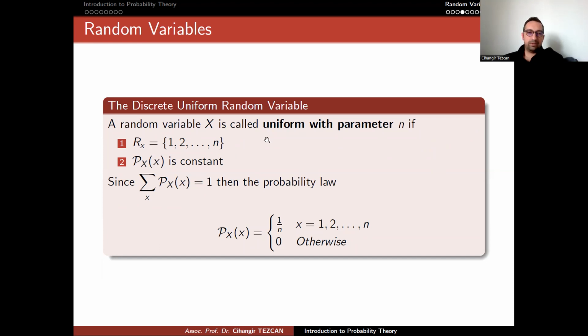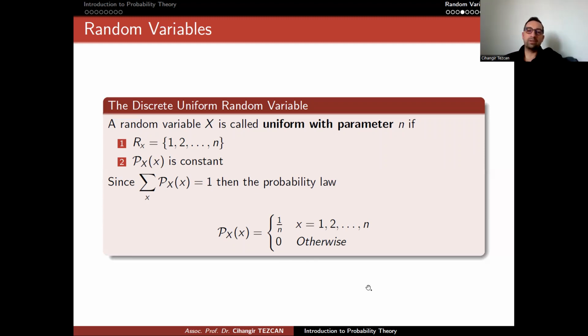As an example, let's look at the discrete uniform random variable. A random variable X is called uniform with parameter n if the range is from 1 to n and the probability of these x's is constant, so that the summation of them gives you 1. Since they are constant and the summation gives you 1, this probability should be 1 over n.